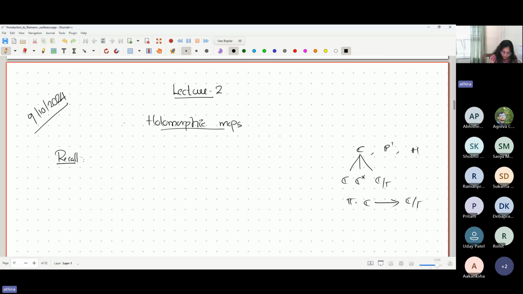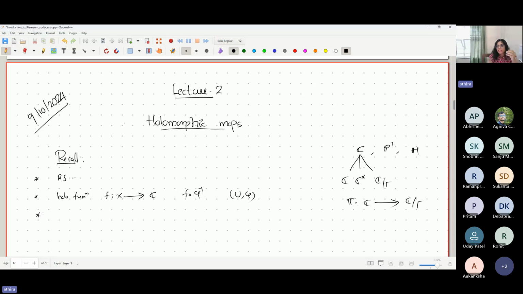I will recall some results from last class. We have defined a Riemann surface: a connected one-dimensional complex manifold. And second, we have discussed holomorphic functions. Holomorphic functions are maps from a Riemann surface to the complex plane such that f composed with phi inverse is holomorphic in the usual sense for all charts (U, phi).